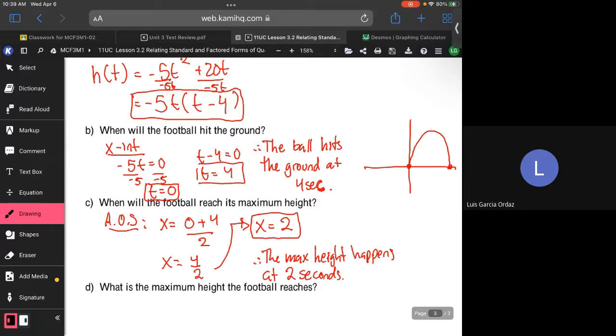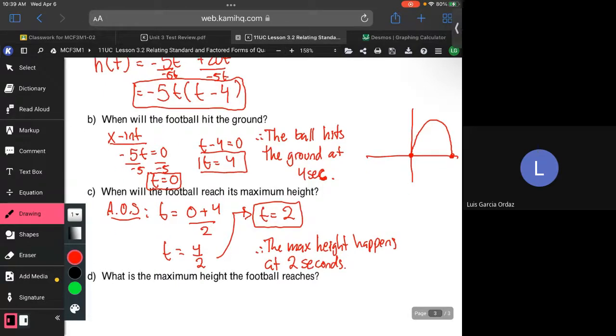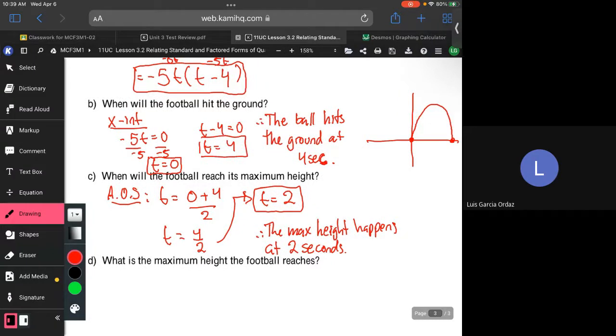So I'm going to plug in t is equal to 2. That's my mistake, because our variable is t. So I'm going to sub in the value of 2 for t. You can put it in any form you feel comfortable with, so I'll put it in the factored form.